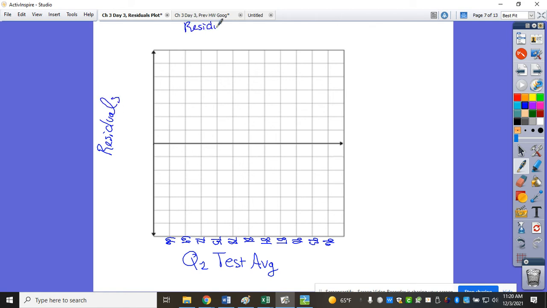This is our residuals plot. Again, I told you I'm going to shorthand this eventually. Of Q2 test average versus Q2 grade for the student's class.